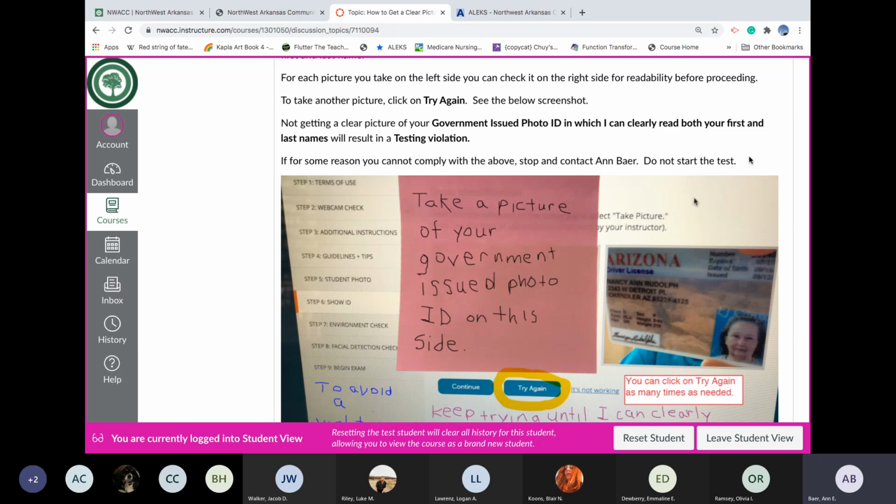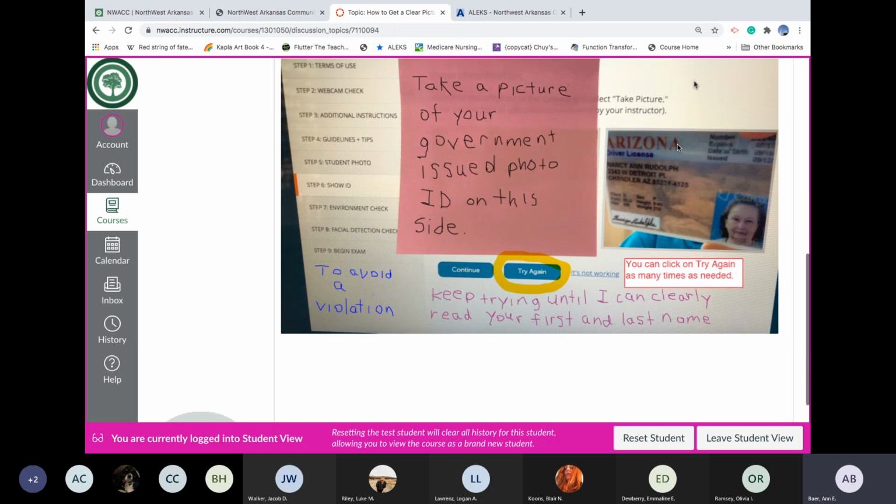So I have a lot of students testing. If there's an issue, I need to know about it. So if you go through this process and you have a problem with your ID and you don't contact me, that definitely will be a testing violation. I will have the attendance for every student in this class today, so it's important to take your time with each step. Any questions on this announcement?